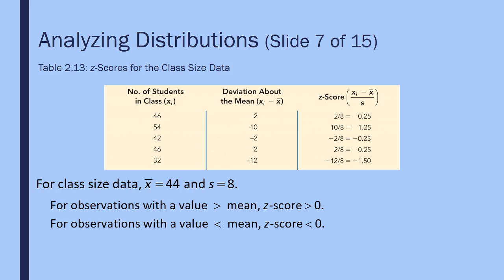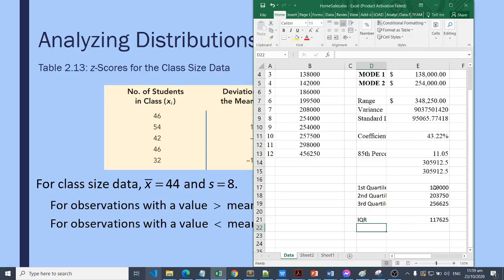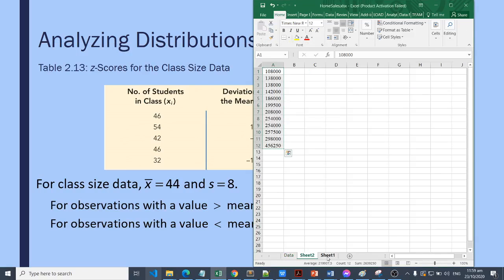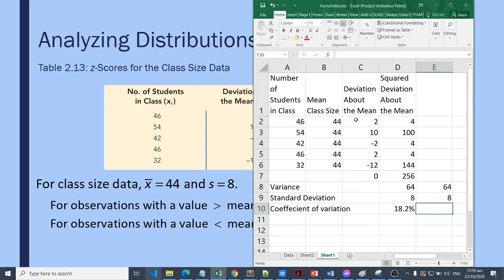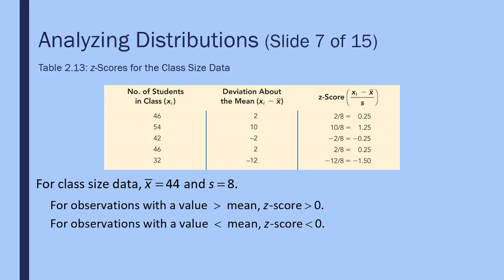Now, this table shows the z-scores of the class size data, wherein we have 5 observations, and the second column shows the deviation about the mean, which is already calculated here. And the z-score is equal to the deviation about the mean divided by 8.